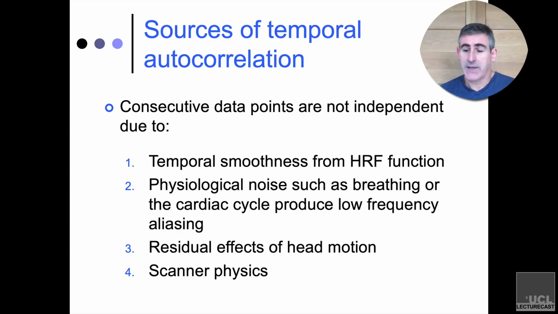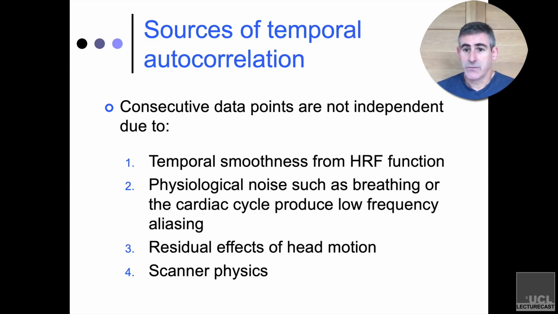But this is an example of aliasing, because the TV screen is updating itself about 60 times a second, 60 hertz. But so is the camera recording it. So it's being sampled too slowly to get it exactly right. And as a result, it shows up as a low frequency change you can actually see in the image. This is exactly what's happening with your physiology, with your breathing and with your cardiac signal. Those are high frequency changes that are being sampled at a slow rate, the TR. And as a result, they manifest as low frequency noise in your data.